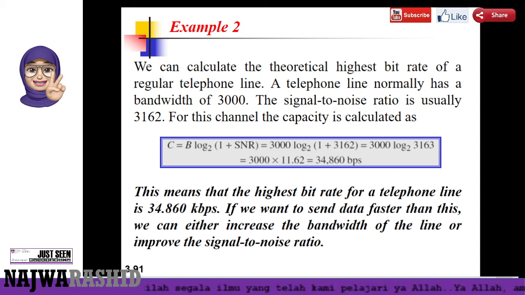If we want to send the data faster than this, we can increase the bandwidth, let's say from 3,000 to 5,000, and we are able to get bigger data. Or we can improve the SNR, or we improve both. So we can send data faster.